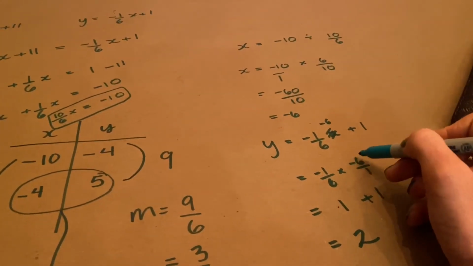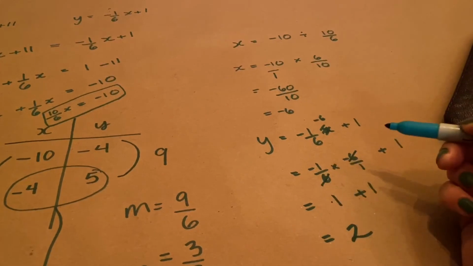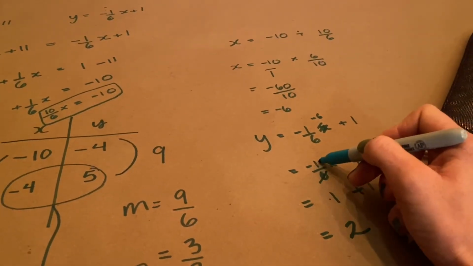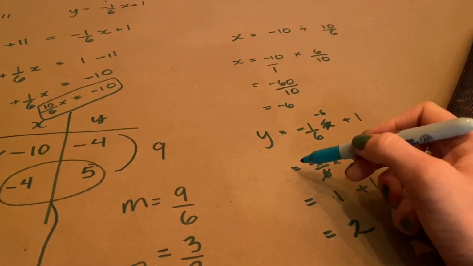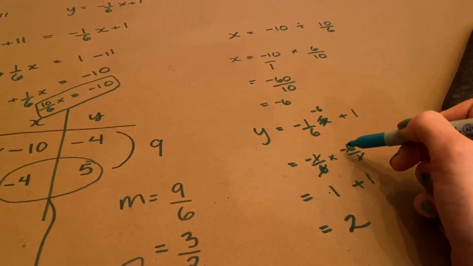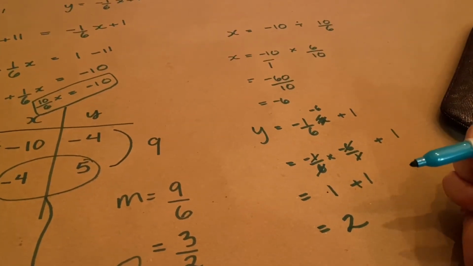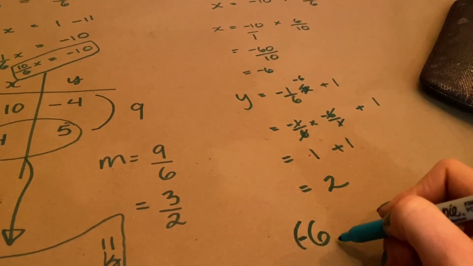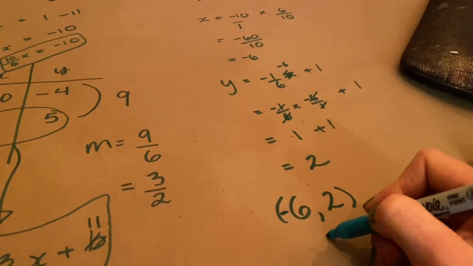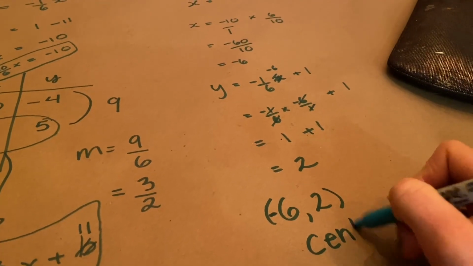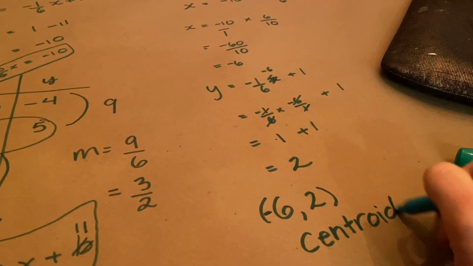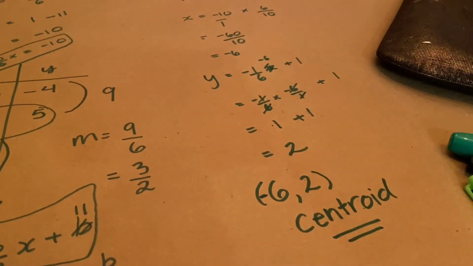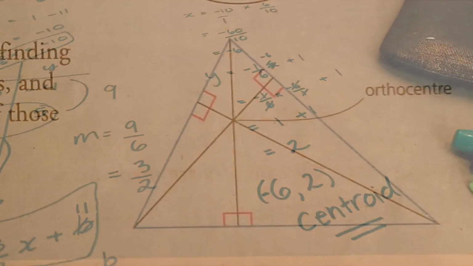How did I do that so fast? I have a 6 here, a 6 here. They cancel out. A 1 here, a 1 here. It just gives me 1. And I know it's a plus 1 because negative times negative gives me plus. So my intersection point of the medians is (-6, 2). That is my centroid. That is where the medians of my triangle intersect.